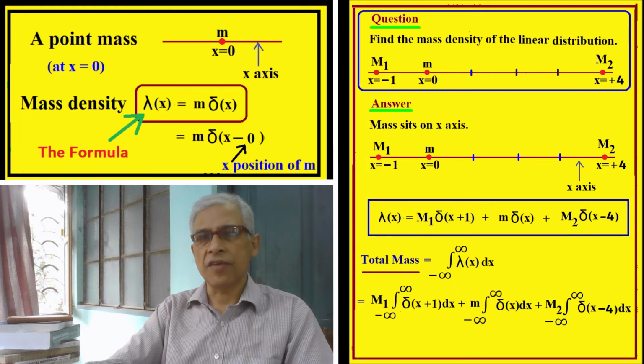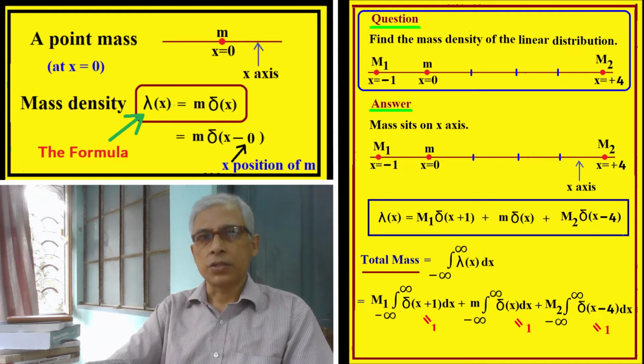Let us put the value of lambda of x, and let us recall that the integrations over Dirac delta are unity, since the points x equal to minus 1 in the first integral, x equal to 0 in the second integral, and x equal to 4 in the third integral are all included in the range of integration.